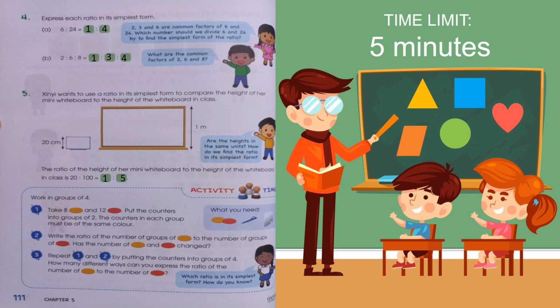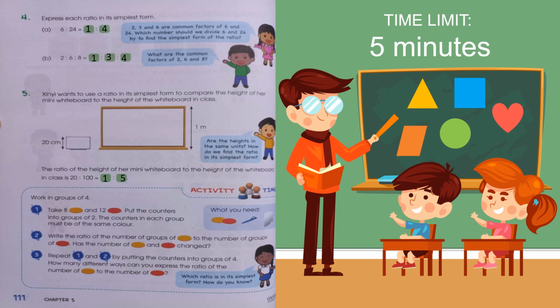Now in example 5, Sunil wants to use a ratio in its simplest form to compare the height of her mini whiteboard to the height of the whiteboard in class. Her mini whiteboard is 20 centimeters and the whiteboard of the class is 1 meter in height. First of all, we have to make sure that the quantities we are comparing are in the same unit.